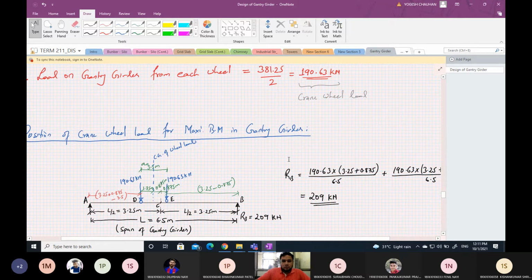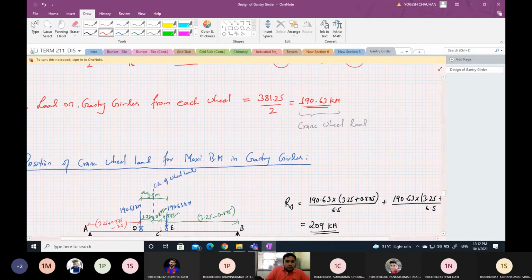Actually here we have to factor this load. Therefore, the factored load will be equal to 1.5 times 190.63, so that will be 286 kilonewton. So this value will not be 190, it will be 286 kilonewton.